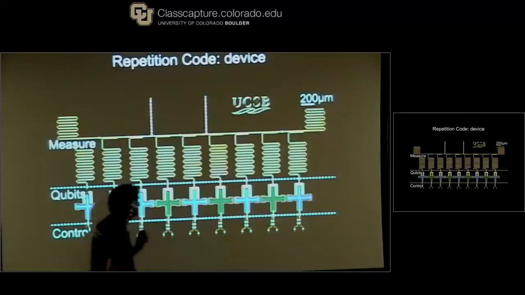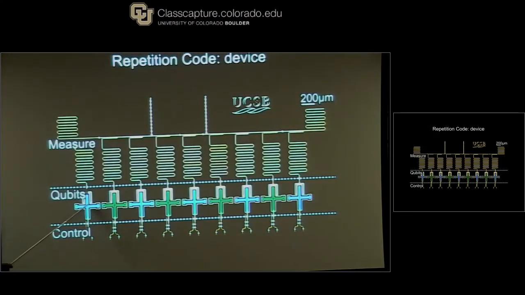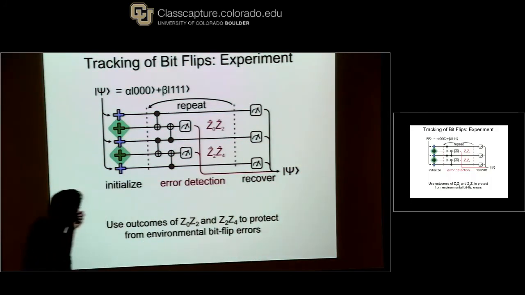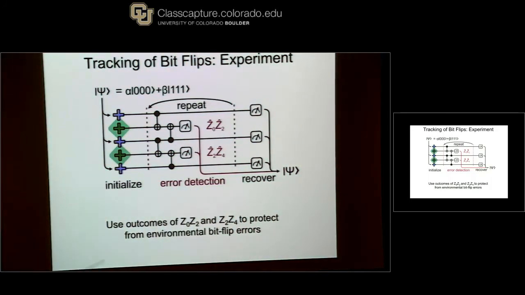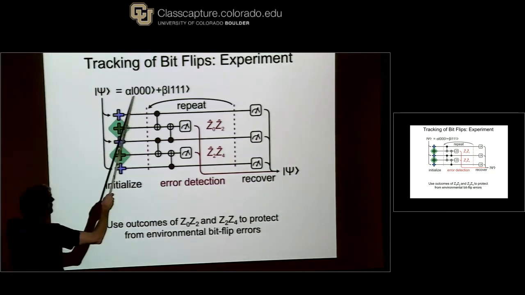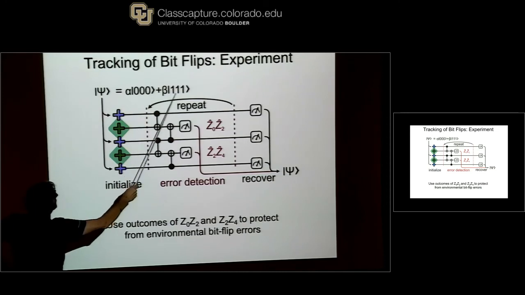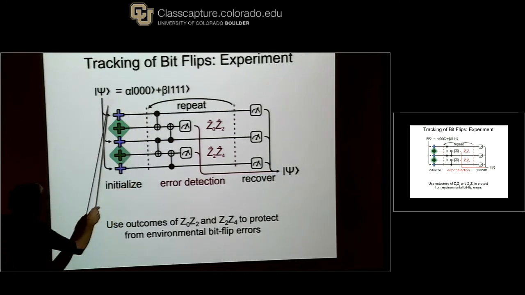So this was the 9 qubit device. These are the data qubits. These are the measurement qubits. These lengths are all a little bit different, so it's frequency multiplexed. And then all our control lines are at the bottom. And this is what I said before. In the initial experiment, we're going to start with some entangled state, 000 plus 111.